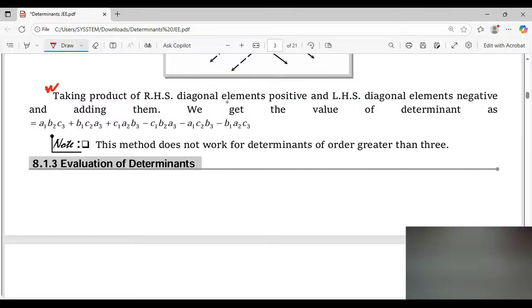Taking the product of the right hand side diagonal elements as positive and the left hand side diagonal elements as negative, and adding them, we get the value of the determinant as A1 B2 C3, B1 C2 A3, C1 A2 B3, minus C1 B2 A3, minus A1 C2 B3, and minus B1 A2 C3. This method does not work for determinants of order greater than 3.